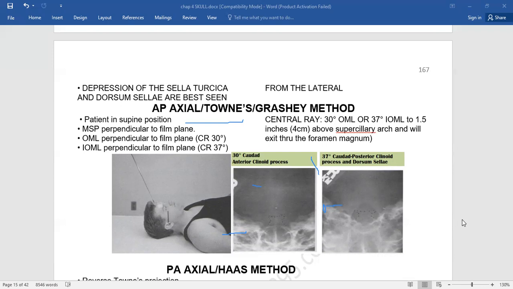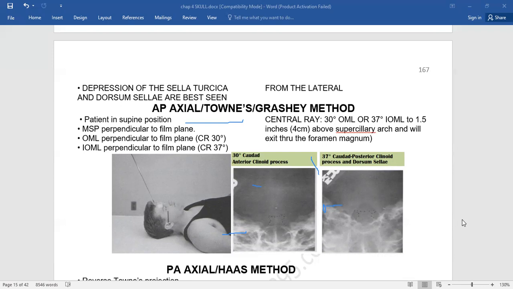Diba? Again, pag sinabi natin axial, meron siyang angulation. Pag IOML naman yung perpendicular, the angulation is 37 degrees because just like what we have discussed before, there is a 7 degrees na difference between the OML and IOML.